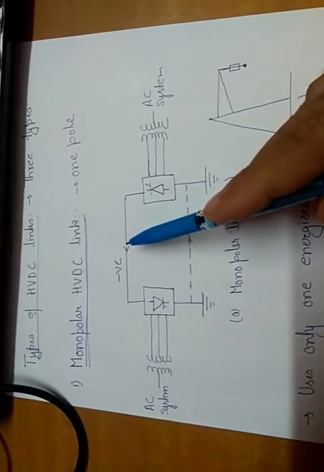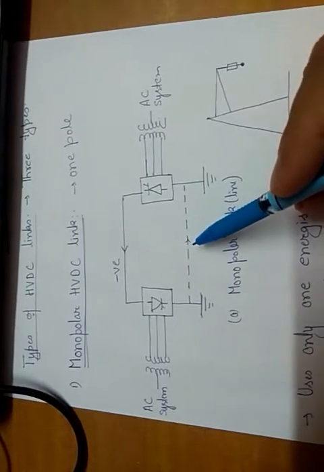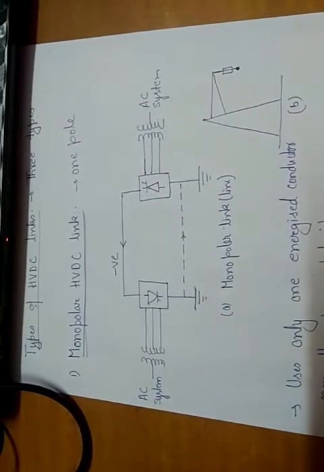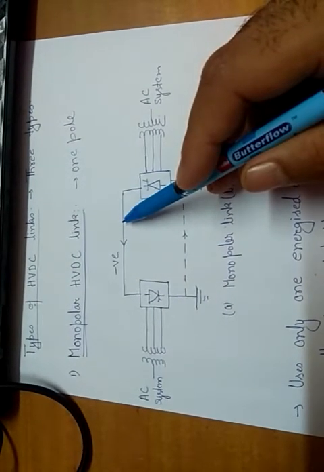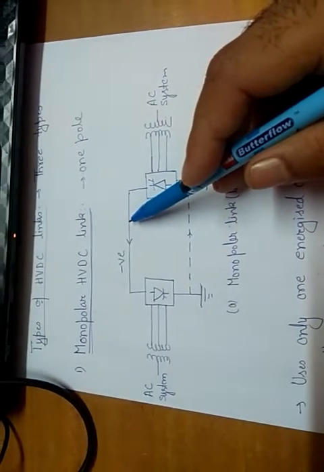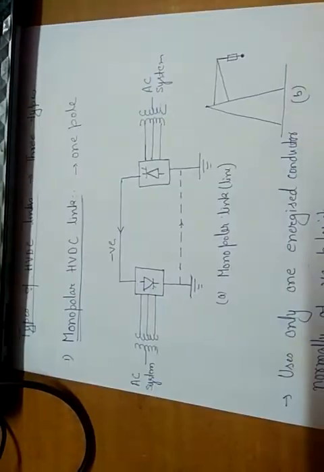With negative polarity, the interference level in communication lines will be less. So it uses a single conductor of negative polarity, preferred due to low corona loss and reduced radio interference.